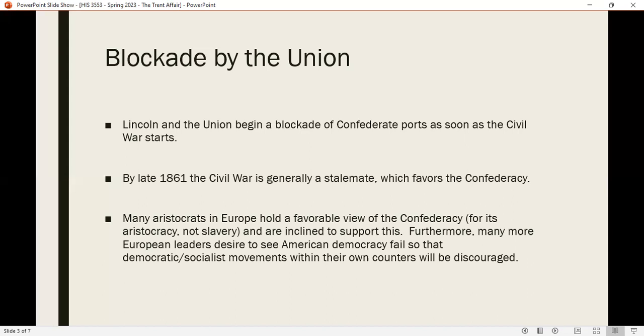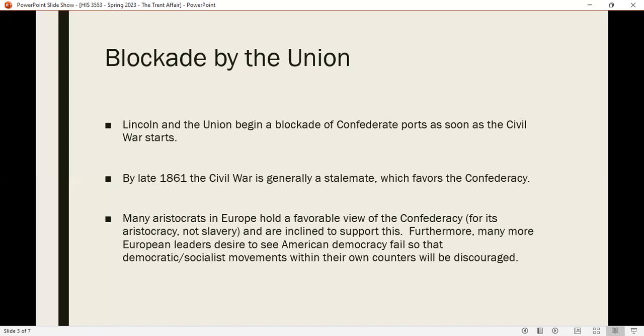They've taken over New Orleans. They've done pretty well in the Tennessee area at this point. But it's cost them a lot of money and a lot of lives. There have been a lot of casualties. And so the stalemate really favors the Confederacy.